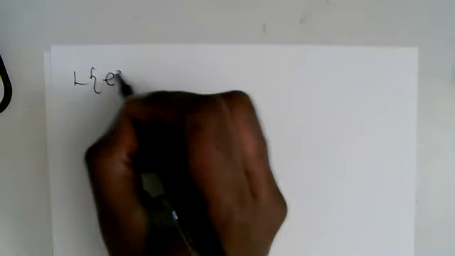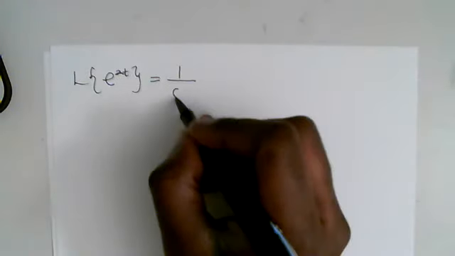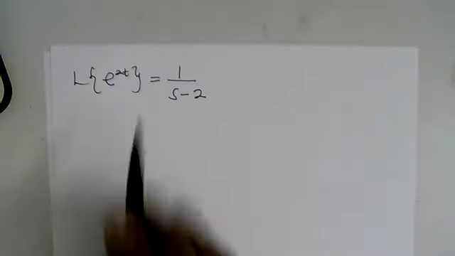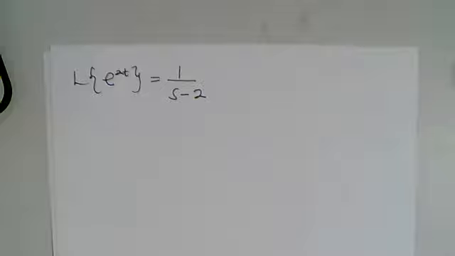Let's do that. So the Laplace of e to the power 2t is what? 1 over s minus 2. Over here, a is 2, so you just replace it here, that's all. So when you're asked to find the Laplace of any exponential function, knowing this formula, 1 over s minus a, there's no need to go through the long integration. You just replace a, and you have your Laplace.